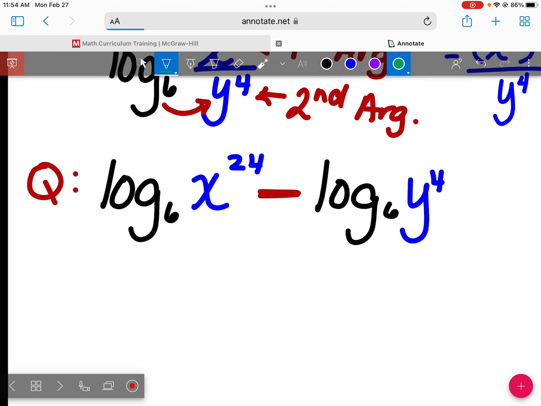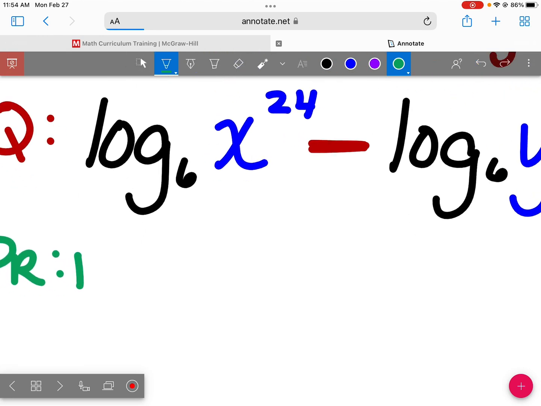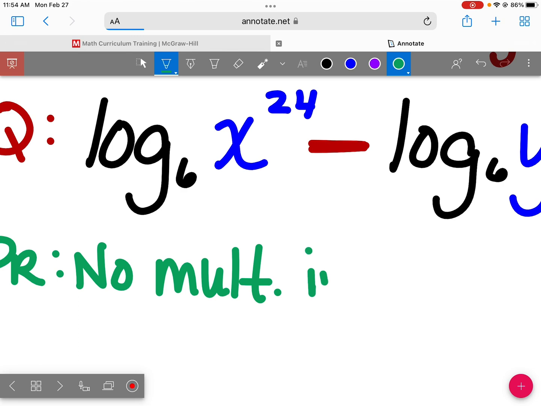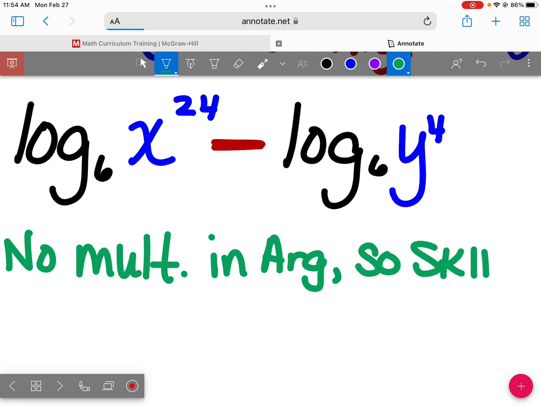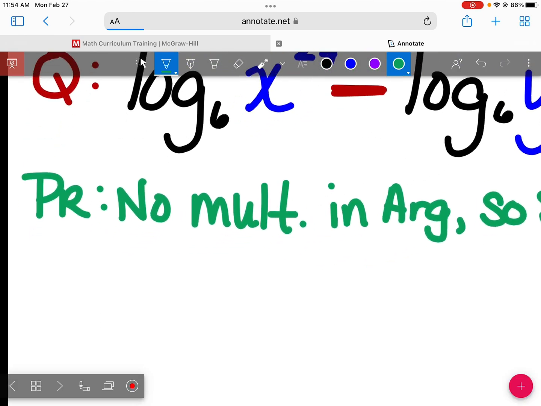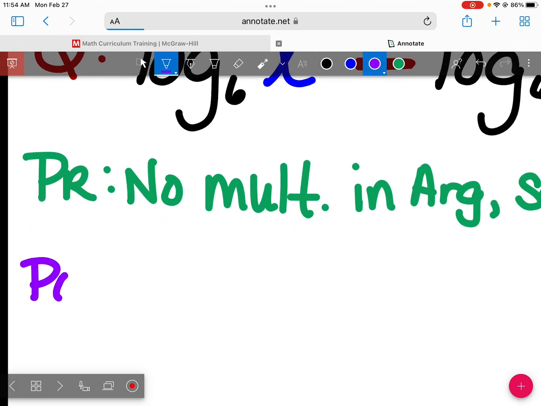Do I need the product step? Yes. What am I looking for? Multiplication. Is there a multiplication right here? Oh, never mind. What about here? No multiplication in the arguments, so we're going to skip this. Do I need the powers property?